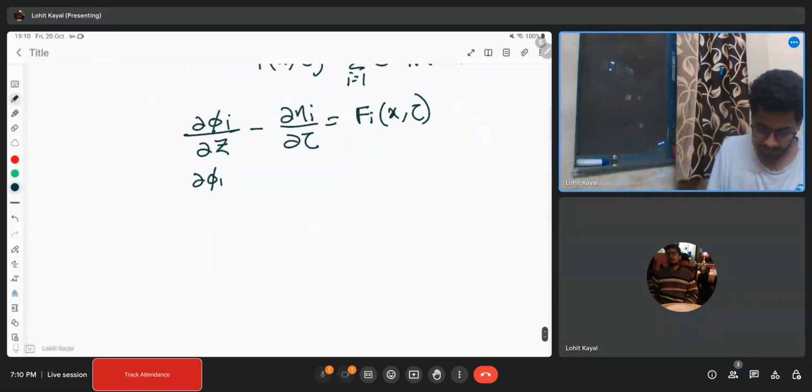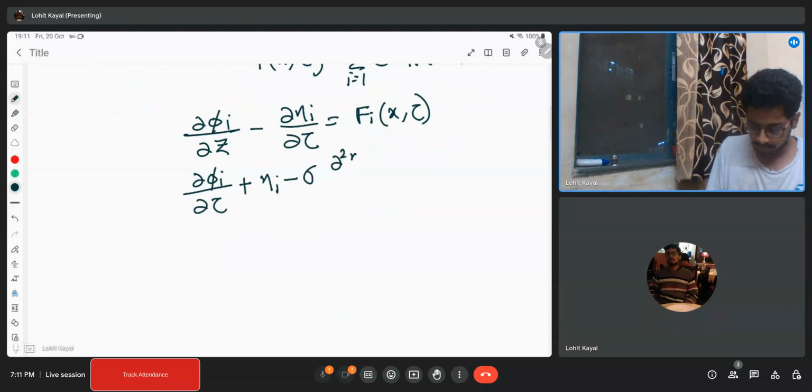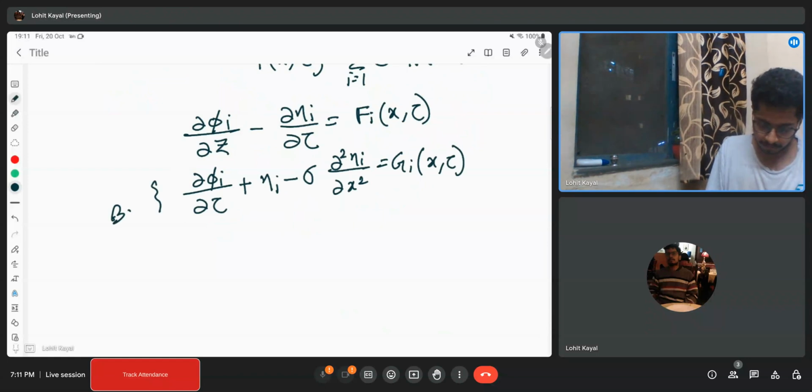Similarly, del phi_i del tau plus eta_i minus sigma del squared eta_i del x squared is equal to g_i of x, tau. This is coming from the Bernoulli equation. This is from the kinematic boundary condition.